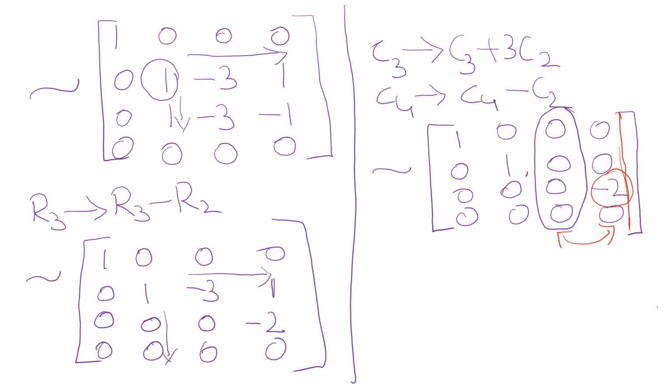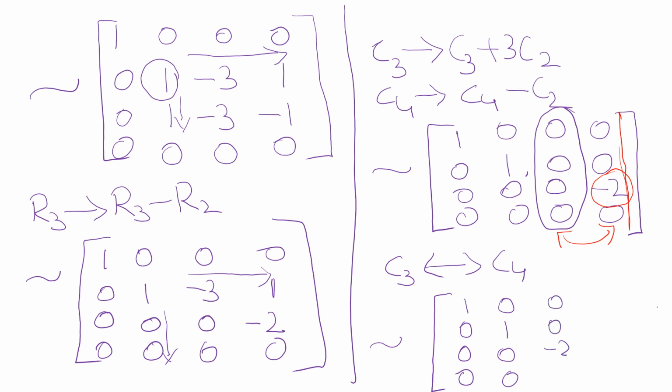You can go for the operation C3 being interchanged with C4. So the equivalent matrix is 1, 0, 0, 0, 0, 1, 0, 0, then 0, 0, minus 2, 0, 0, 0, 0, 0.